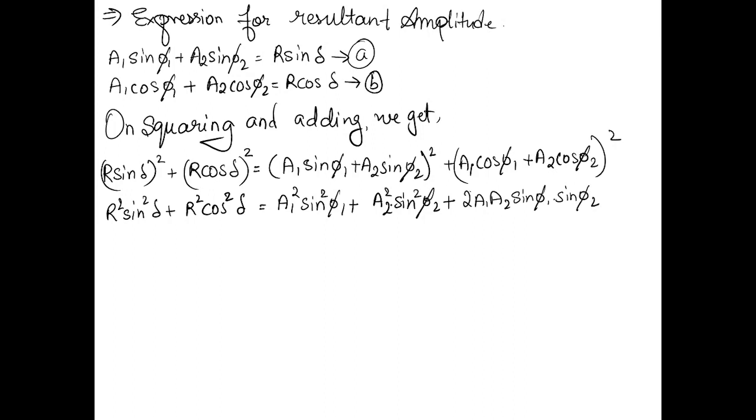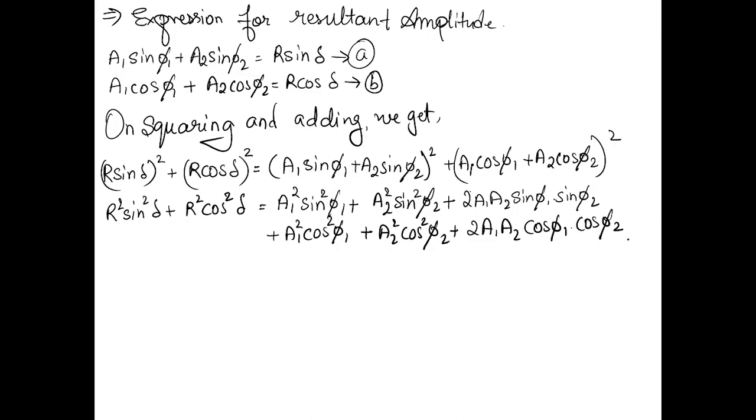This is the formula a plus b the whole square equals a square plus b square plus 2ab. Again you have to apply the same formula here: plus A1 square cos square phi 1 plus A2 square cos square phi 2 plus 2 A1 A2 into cos of phi 1 into cos of phi 2.